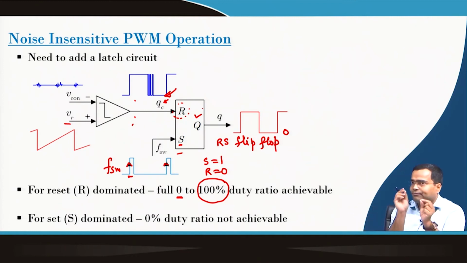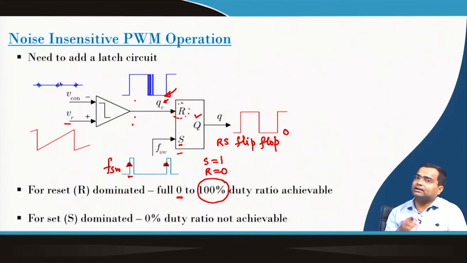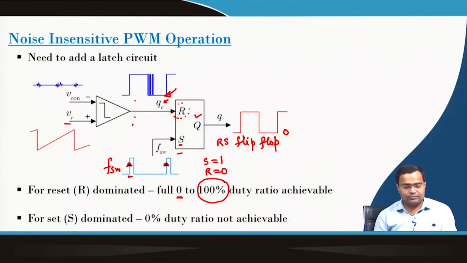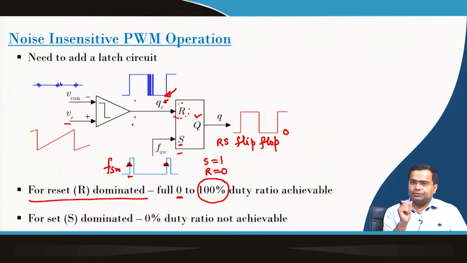So, it will turn on for a very short time, that means you will not get 0% duty ratio. So, reset dominant logic is used if you want 0 to 100%, but if you want to limit the duty ratio to a minimum value, that means you do not want to go to 0%, then you can use set dominant logic.